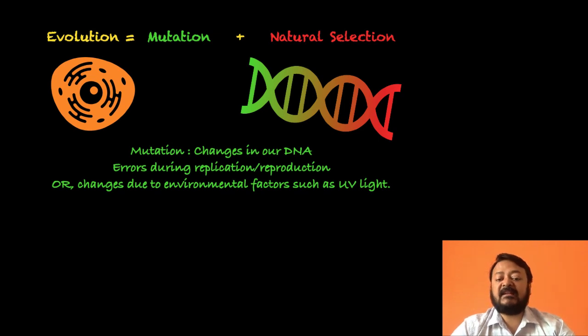The other way is that there can be changes in the DNA because of environmental factors. For example, if you expose DNA to UV light, or if you put a cell under some kind of stressful conditions, then this DNA can undergo certain changes. Now, whether these changes are purely random or there is some kind of direction, that is still being studied by biologists all over the world.